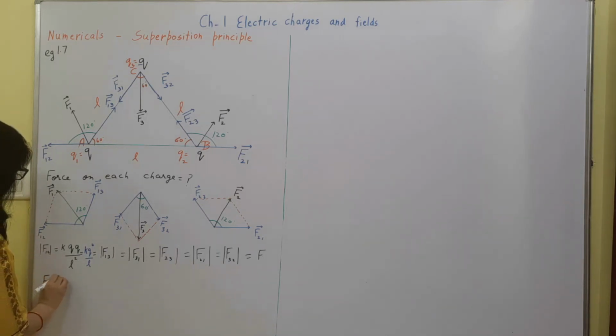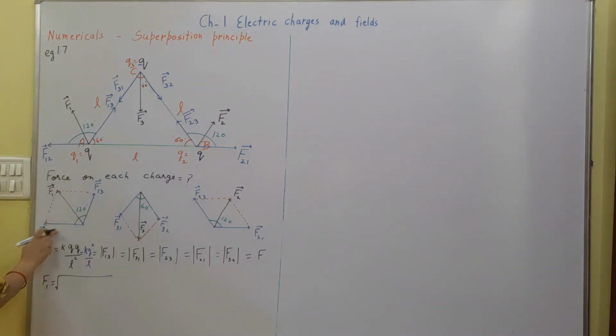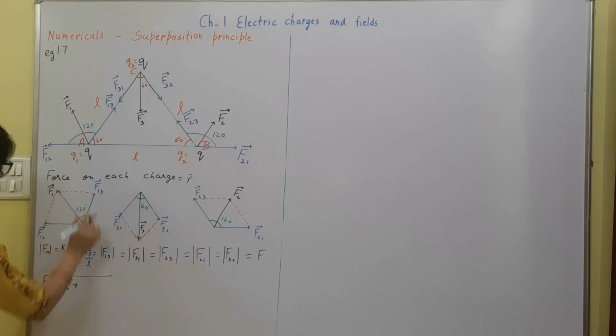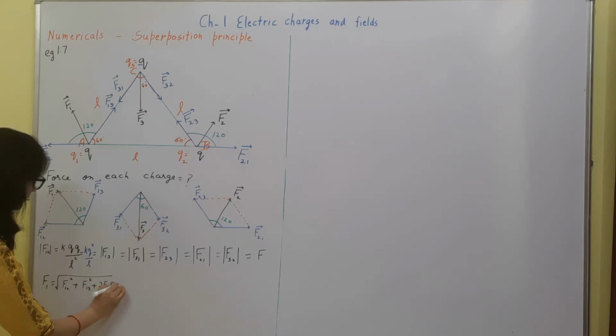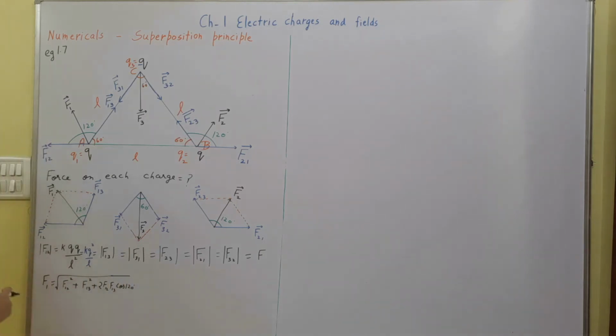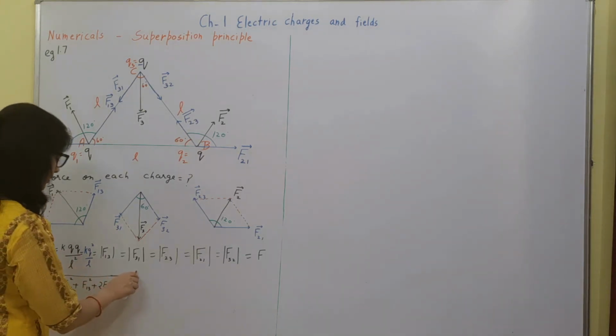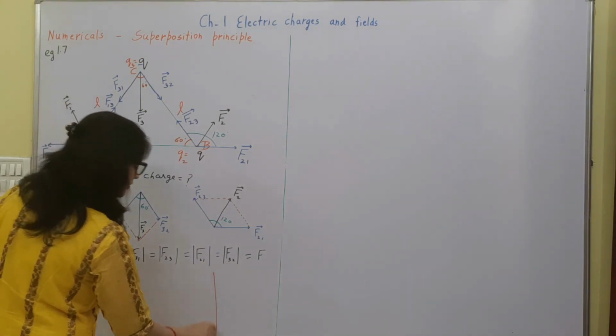This will be under root of first force square, that is F12 square plus F13 square plus 2 F12 F13 cos of 120 degree. This is the first case, and we can write all these formulas here parallel for each case.